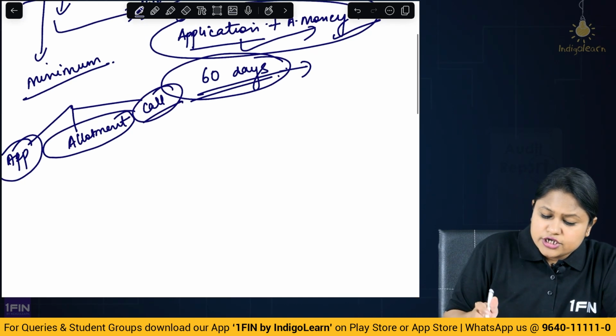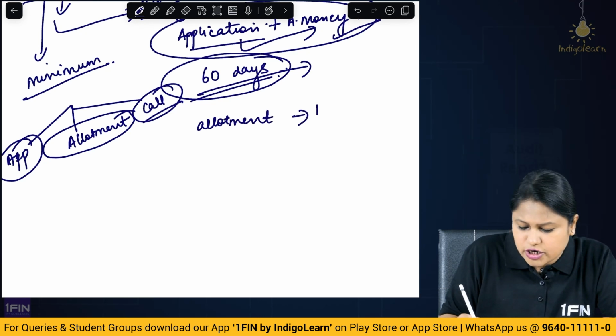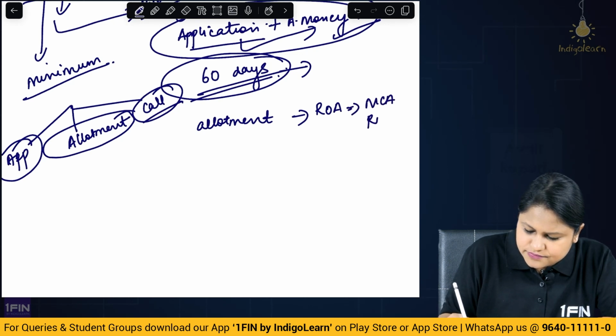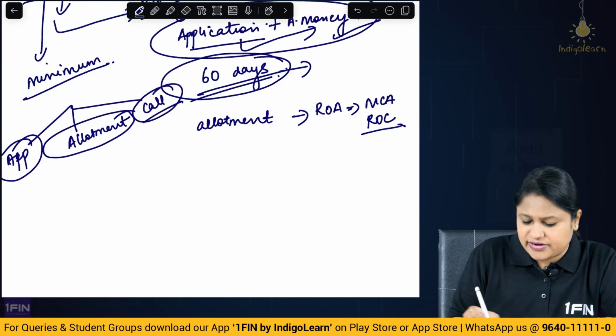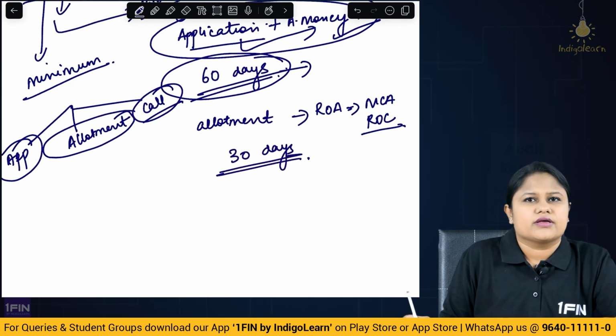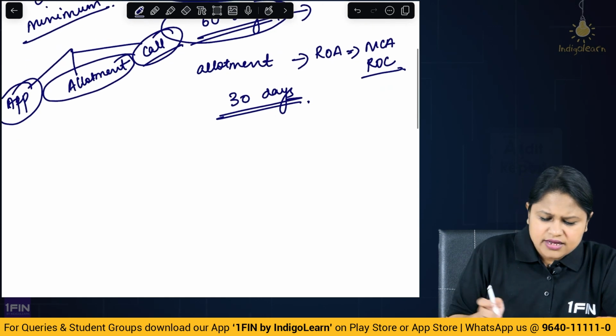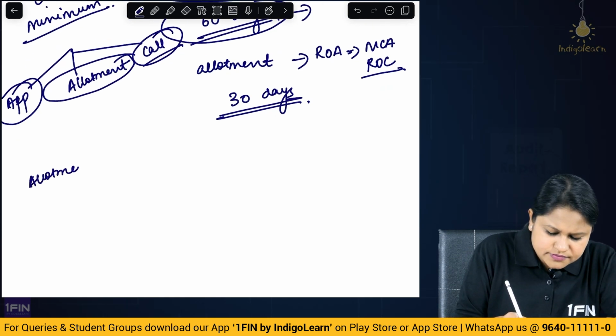Correct? Now, once the company does the allotment of securities, they have to file a return of allotment with whom? MCA, that is ROC. They will file a form through which a return of allotment will be filed within 30 days of allotment. Mandatory. Correct? Then after that, the company will make the next call, which is considered to be allotment.